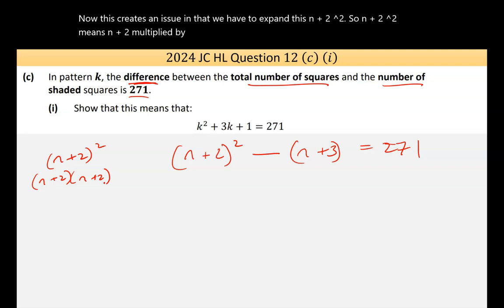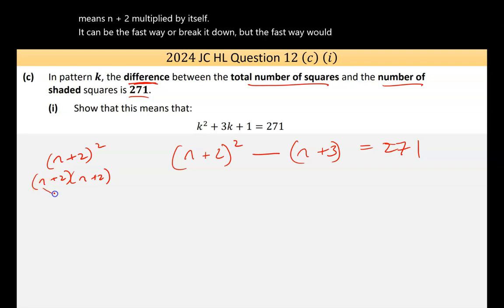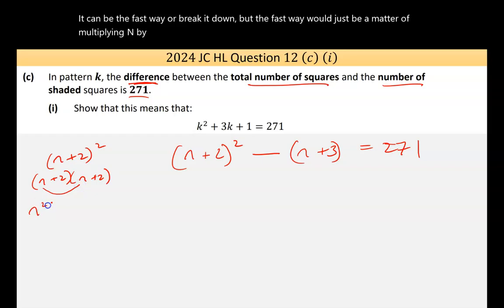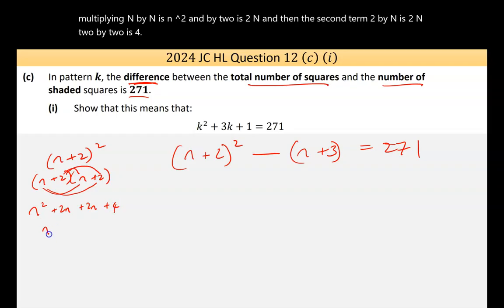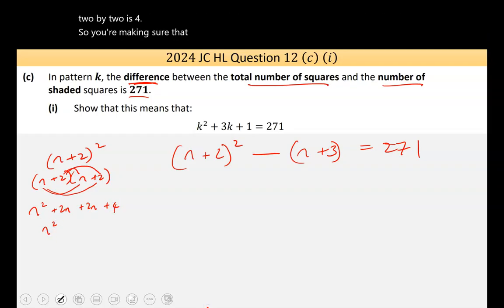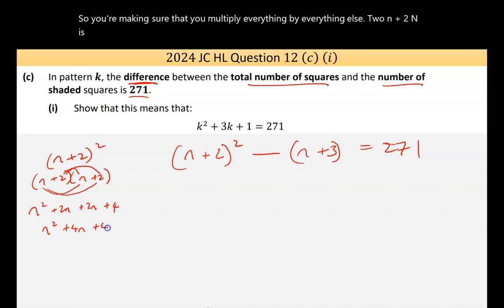I can do the fast way or break it down, but the fast way would just be multiplying n by n is n squared, n by 2 is 2n, and then the second term 2 by n is 2n, 2 by 2 is 4. So you're making sure that you multiply everything by everything else. 2n plus 2n is 4n, plus the 4.